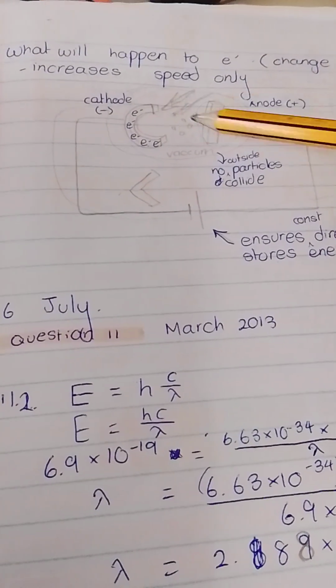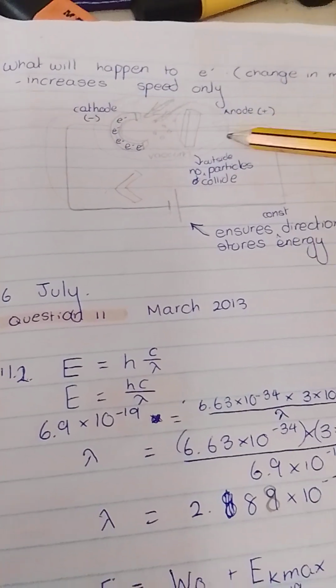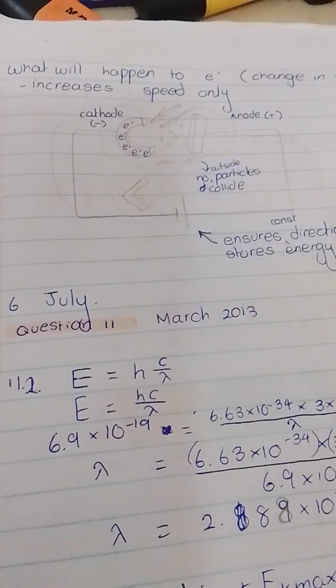So no outside particles will collide with the photons. That's why it must take place in a vacuum. This battery is just to ensure that direction, and store some of the energy.